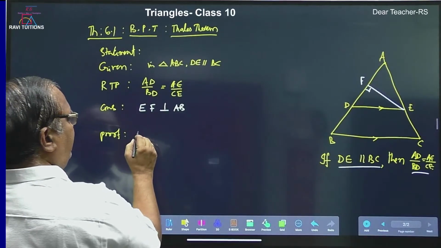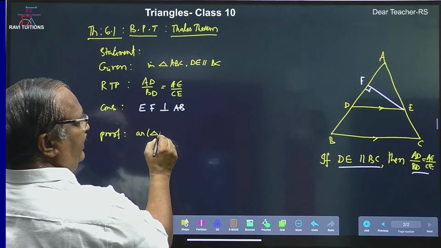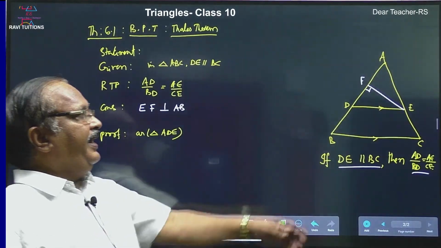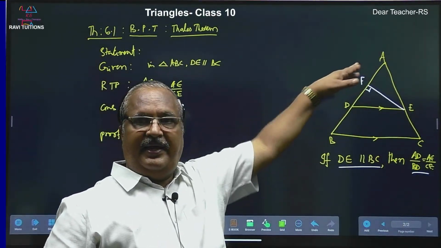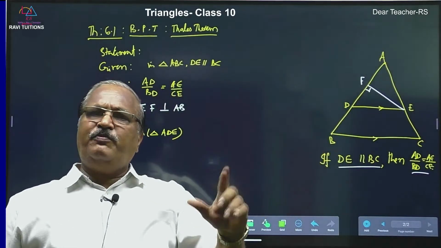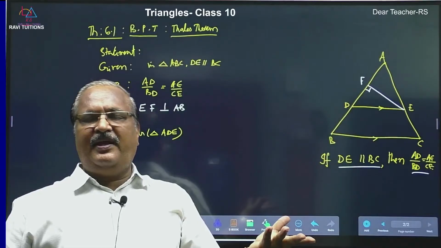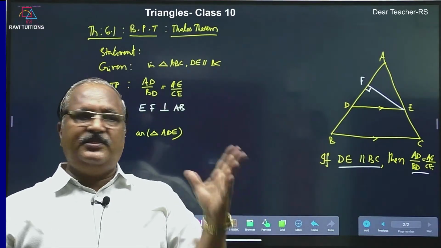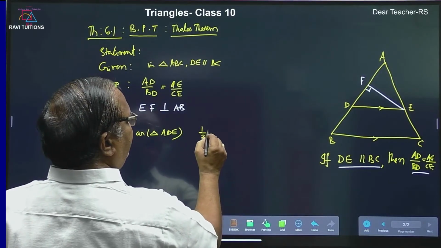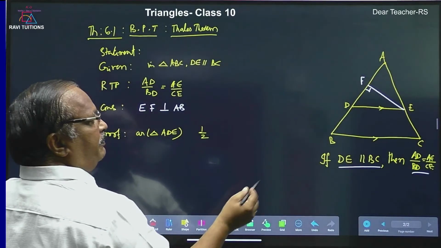So now area of triangle ADE. ADE means the top triangle. You have to apply half base into height. Area of triangle, everybody knows, is half base into height. So half into base. Base, what can you take?